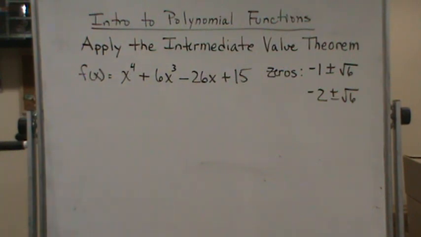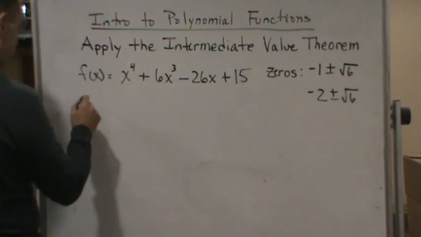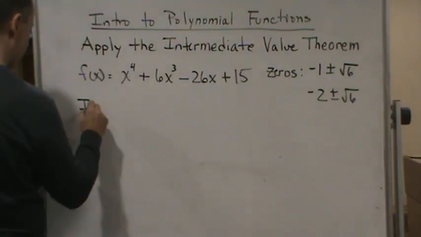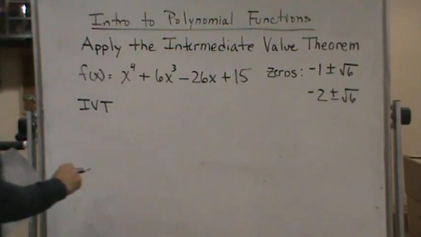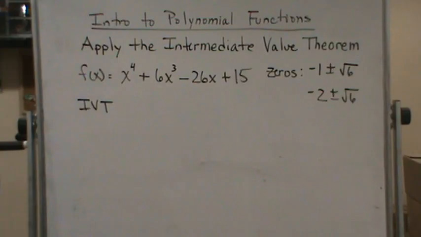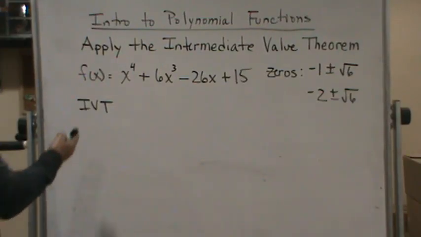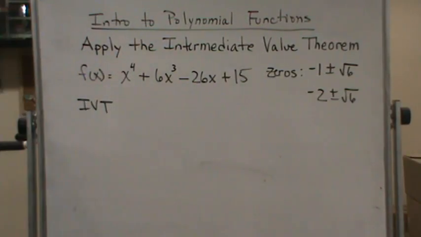All right, welcome back. Now we're going to talk about the intermediate value theorem and how to apply it. In many instances, there are lots of polynomials where even with our techniques or even with calculus, it is very difficult to find where the zeros are located.